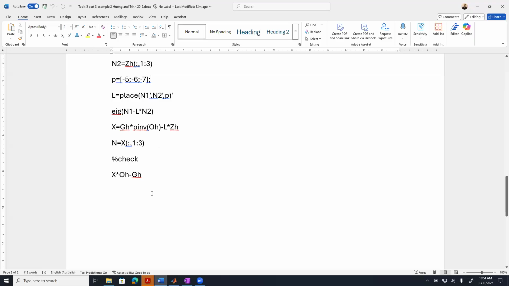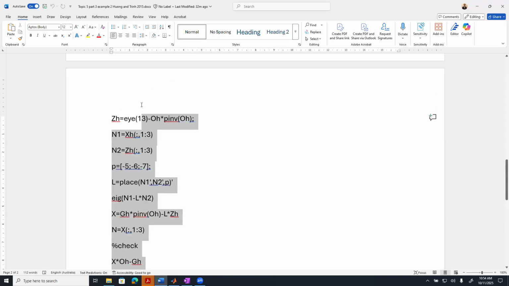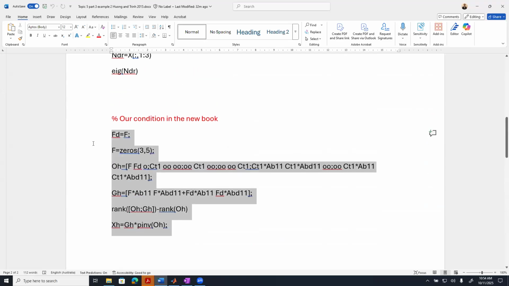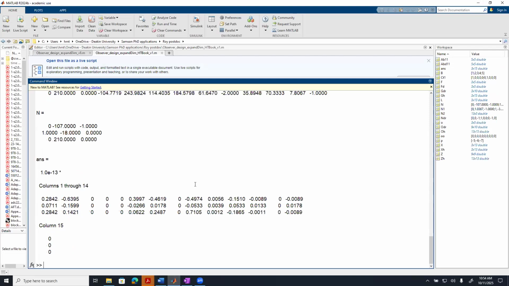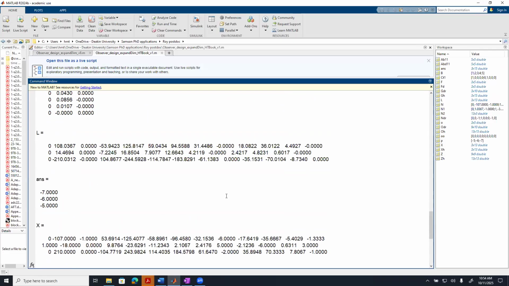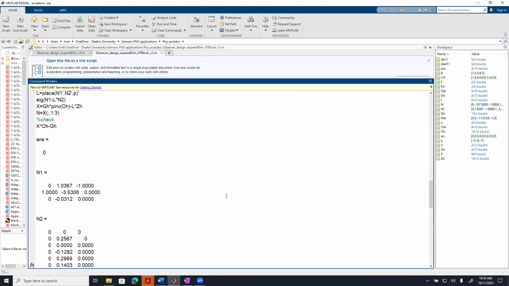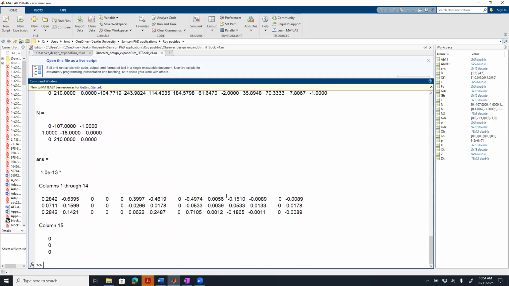The rest of the observer parameters, as you can see, can be done systematically and fairly easily. So let's have a look at that. We put everything in, and then we work out the matrix N1, matrix N2, and then we work out the general solution.